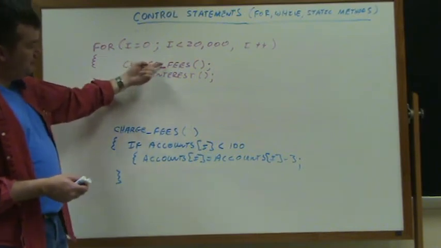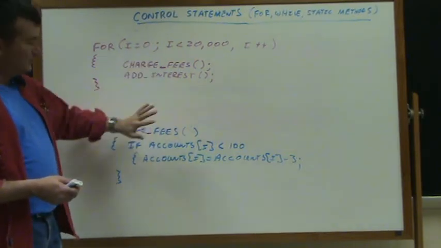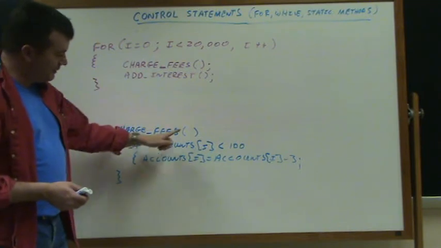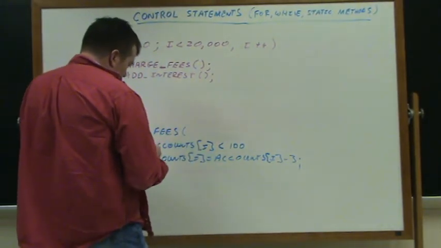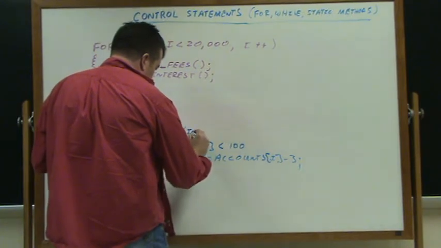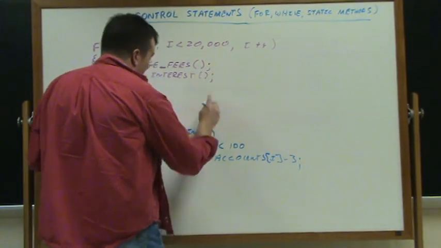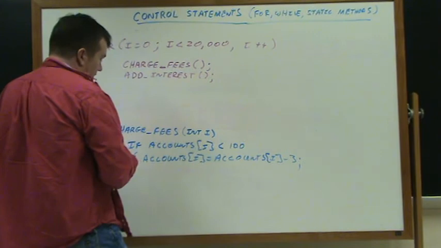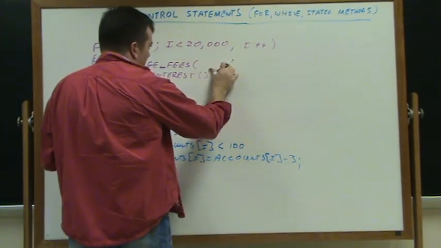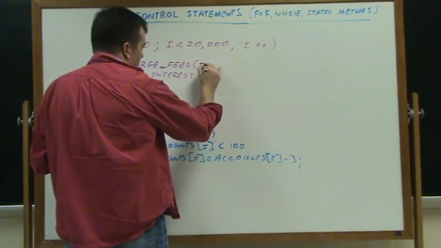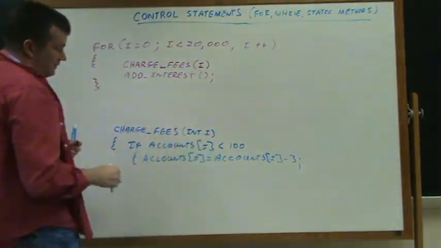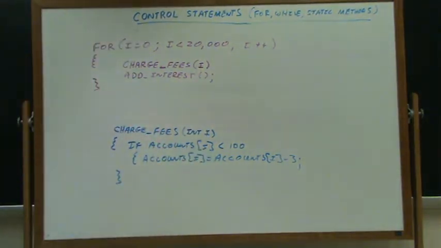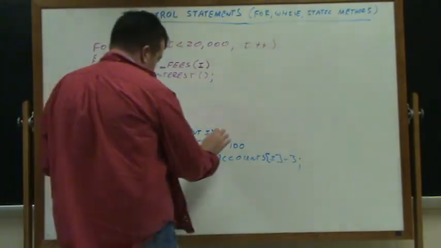So when we call this method, we have to somehow pass it. That's what this open paren, close paren thing is. We'll say there's an integer coming in, called I, and that's how we'll pass it down. This ends up being what's called a parameter. This variable is being passed to here, and you know what, let me use a different name for I down here.